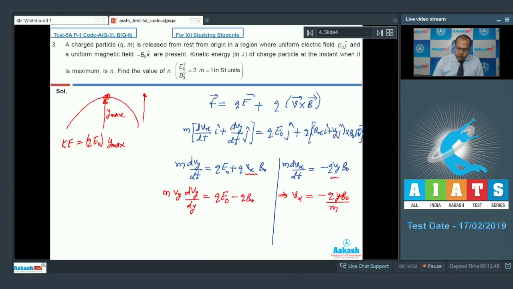minus q into B0 into Vx. So that is q into y B0 by m, which gives q square B0 square y divided by m.